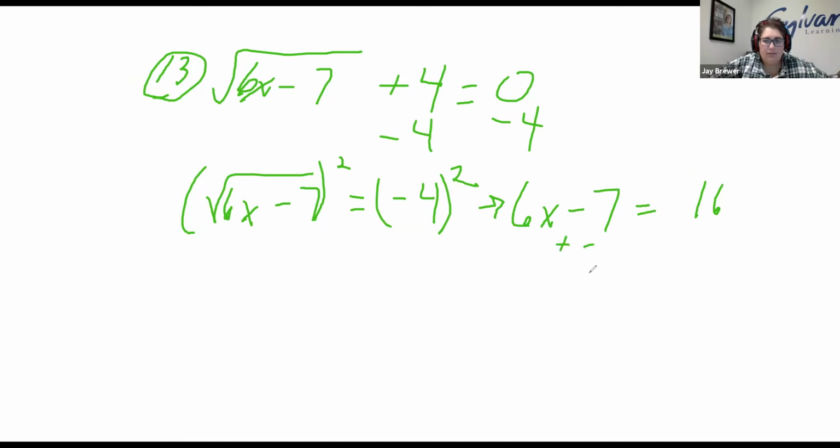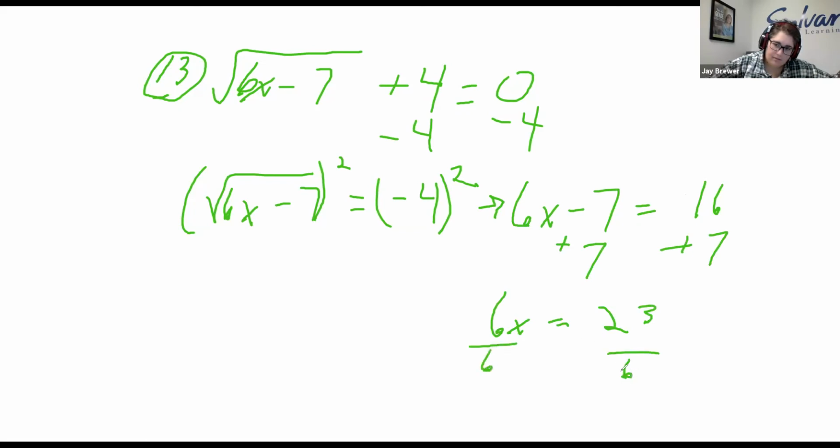We're going to add 7 to both sides. So we get 6x equal to 23. So x equals 23 over 6. There you go.